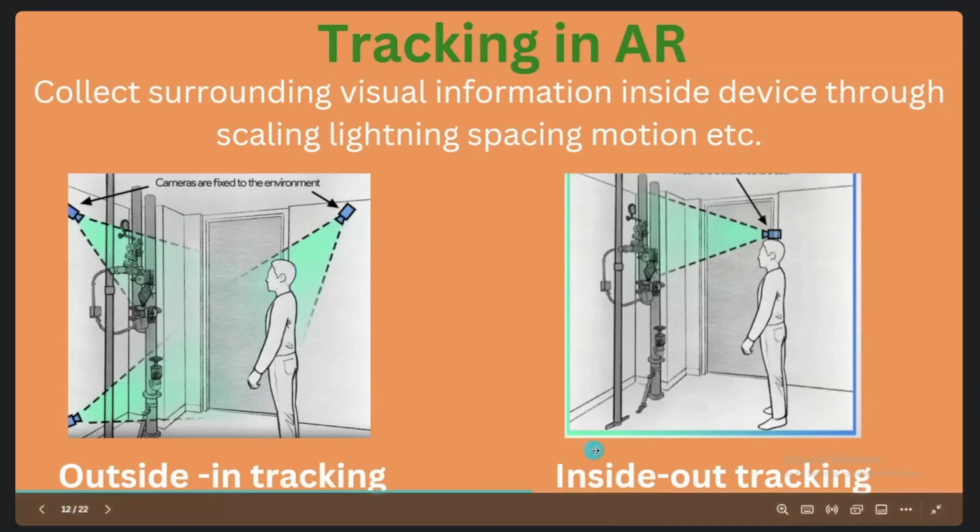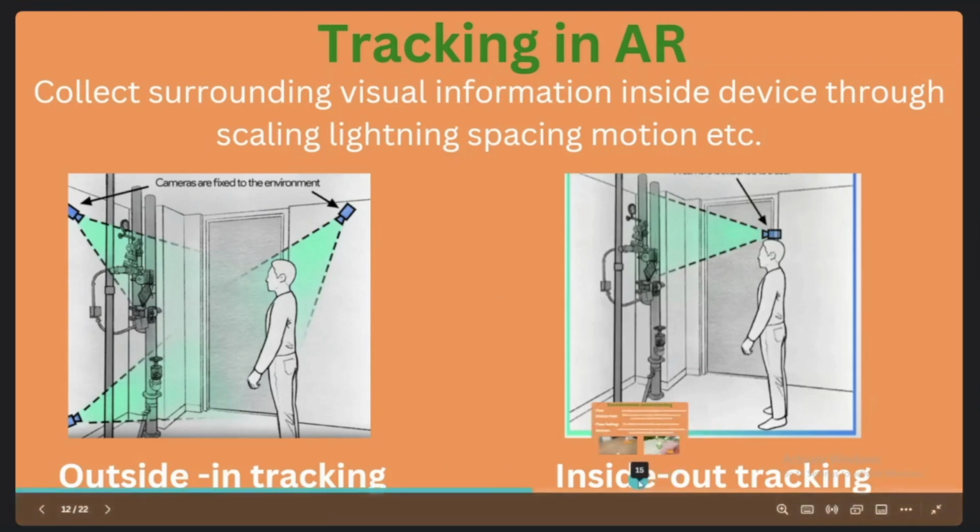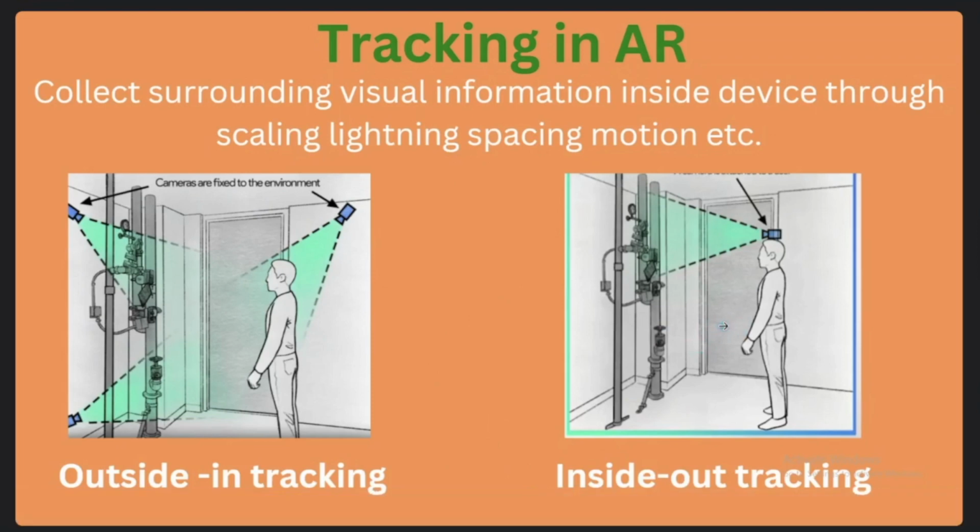In inside-out tracking, devices like smartphones have the gyroscope, accelerometer, camera, sensors and everything inside just one device. That device is easy to move, so it is better to use inside-out tracking in place of outside-in tracking. So nowadays in every smartphone we use inside-out tracking.